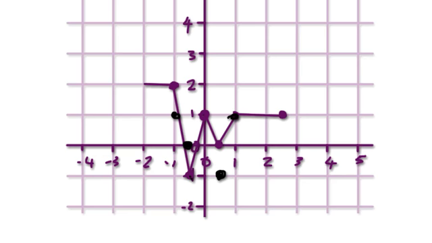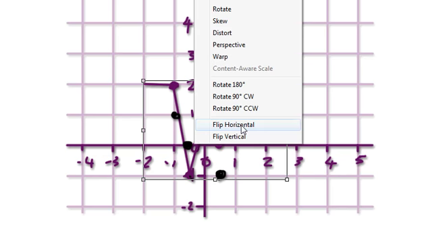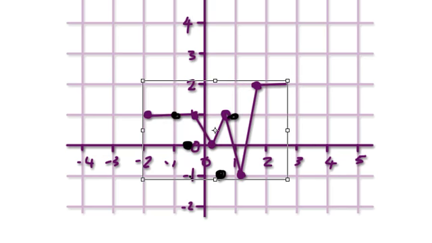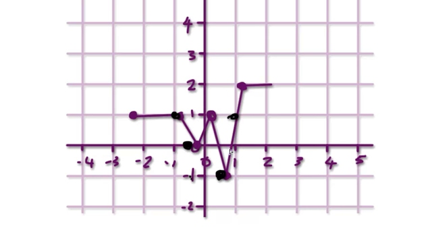So let me just reflect it. At the moment you've got this here. Flip horizontally. So we've just reflected it, and then moved it into the right position. It's going to look something like this.